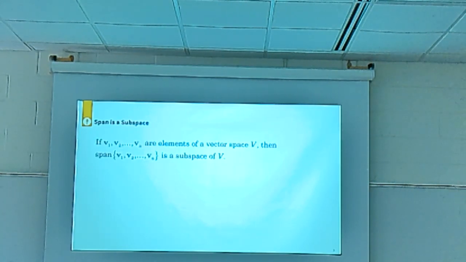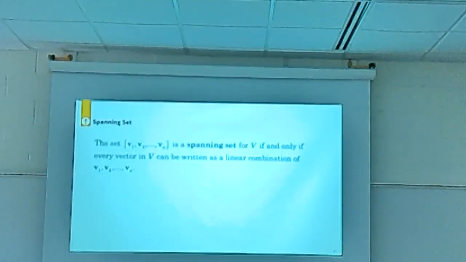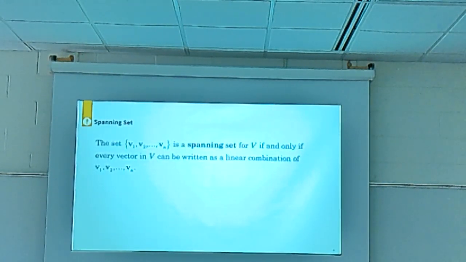This brings into notion a spanning set. A set of vectors is a spanning set for your vector space if and only if every vector in V can be written as a linear combination of v1, v2, ..., vn.